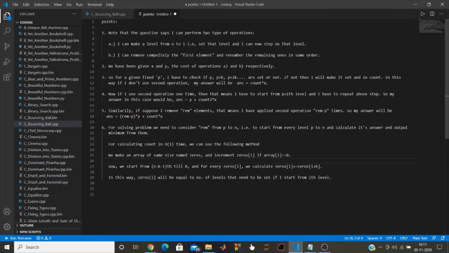This is the first loop. In the second loop, I will start from the n minus k minus 1th element, leaving the last k elements, and run my loop till 0. For every element I calculate zeros of i plus equal to zeros of i plus k. This means zeros of i will be equal to the number of levels that I need to set if I start from the ith level. In this way I can calculate the count of those elements which I need to set in O(1) time.